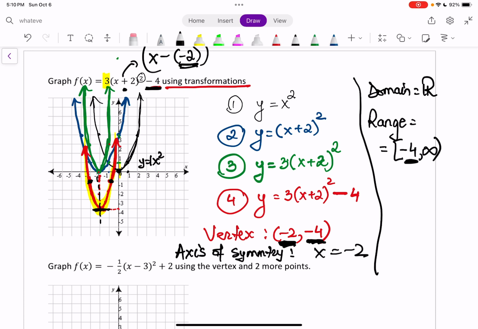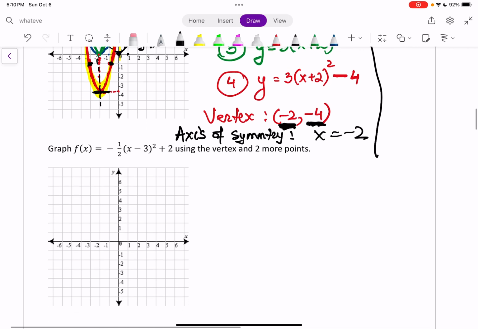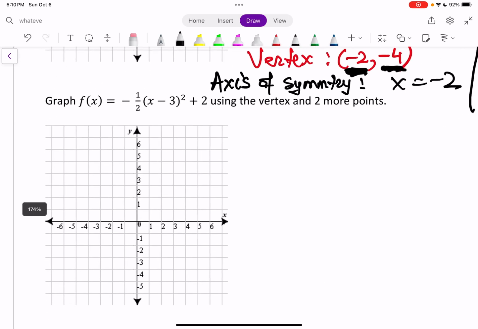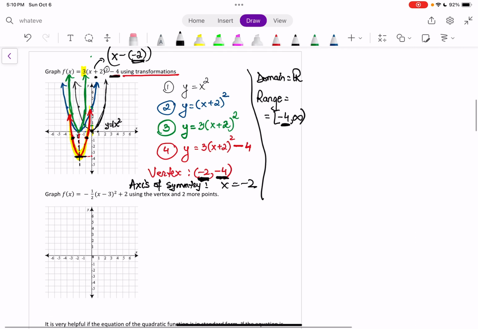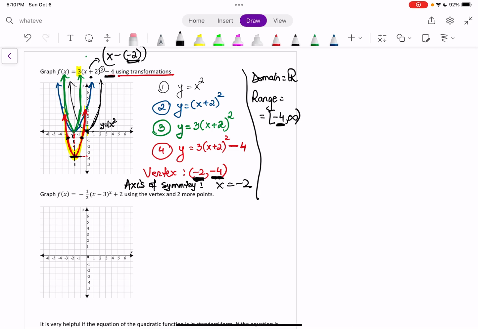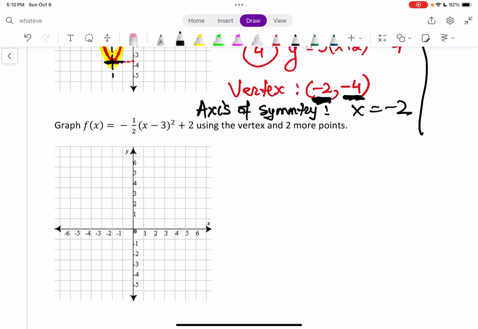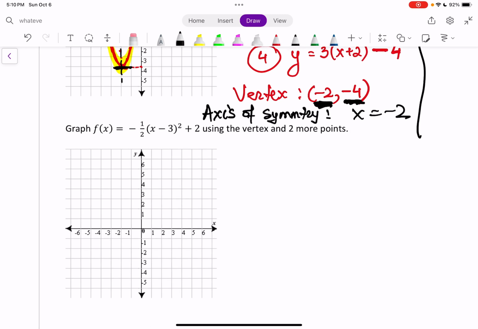All right, so let's try this one more time using transformations. This time, now that you are hopefully convinced that this is how the graph is moving, let's not even have to go through all the steps of the transformations unless you want to, no problem.